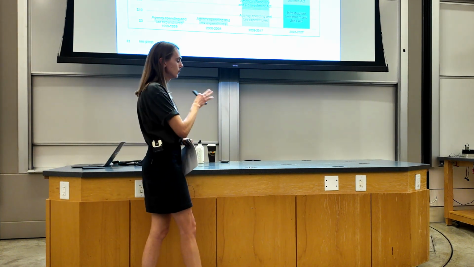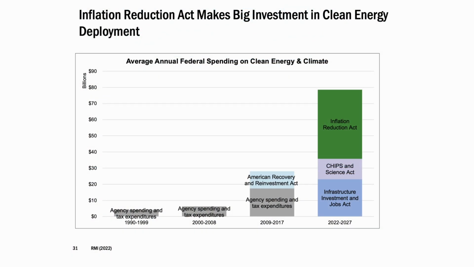In the US, as you know, we had landmark legislation in 2022 with the Inflation Reduction Act, and also prior to that with the Bipartisan Infrastructure Law and the CHIPS and Science Act, really channeling significant amounts of federal funding to support that renewable energy growth.